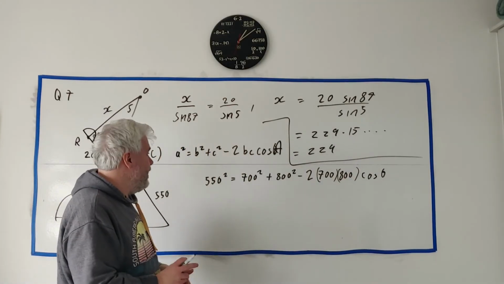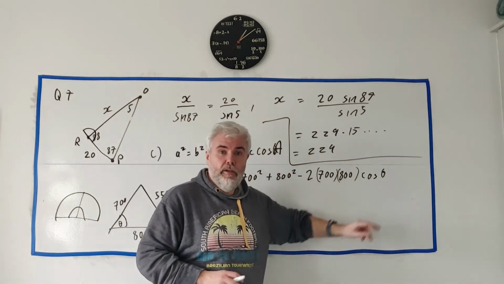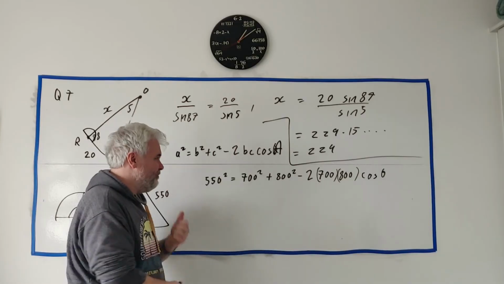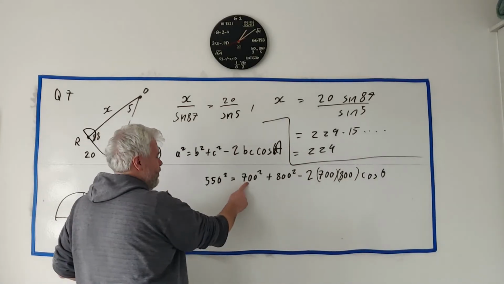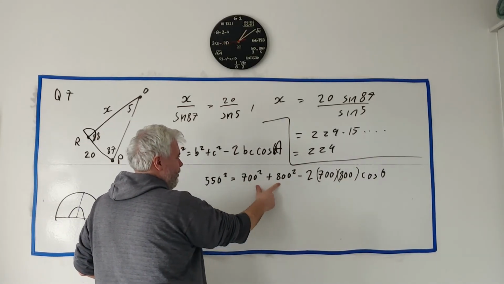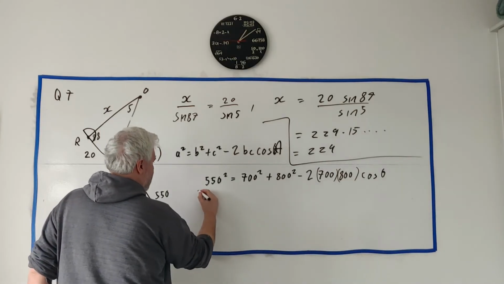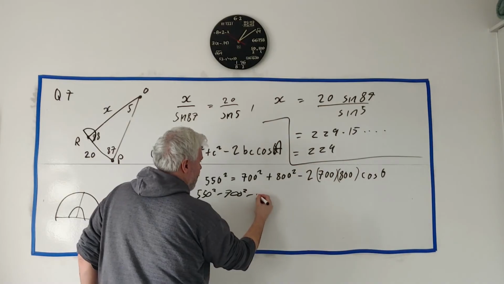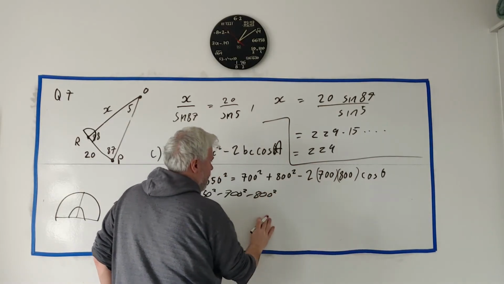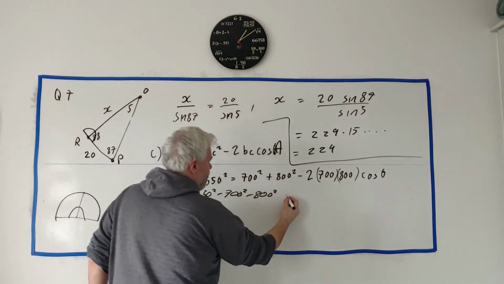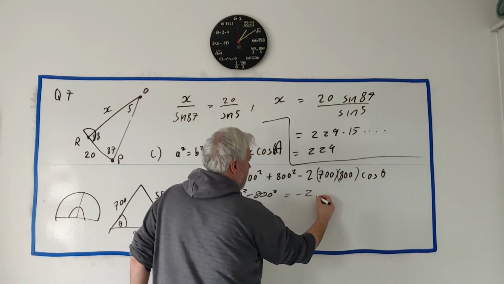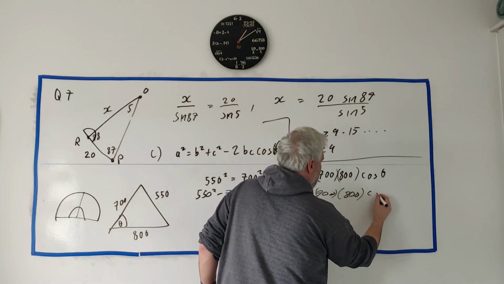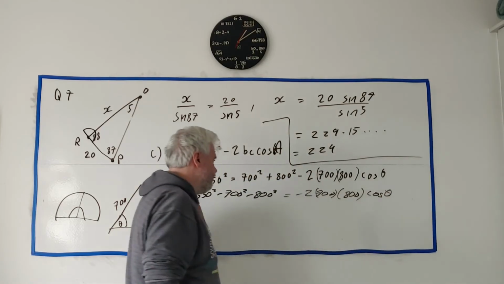We just have to rearrange it so theta is on its own. So it's going to take a few minutes. This is why the cosine rule is a lot harder. First thing we do, let's move these two guys. Let's take them away from both sides. And we will get 550 squared minus 700 squared minus 800 squared, so we took these two from both sides, is equal to minus 2 times 700 times 800 times cosine theta.